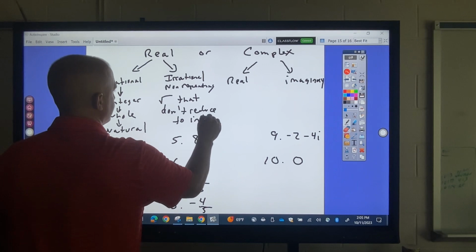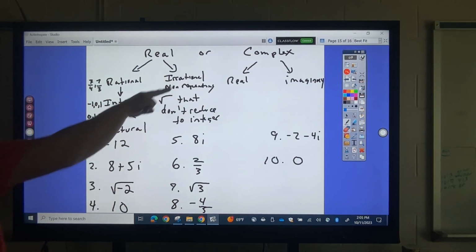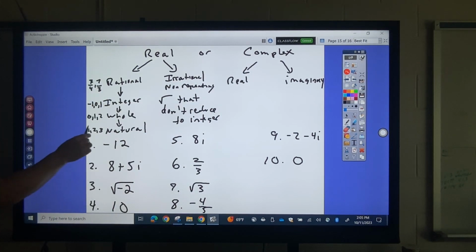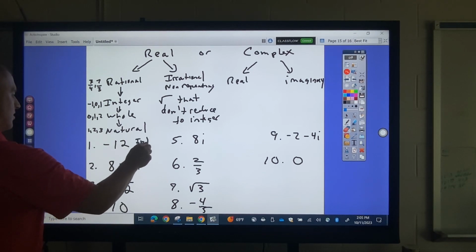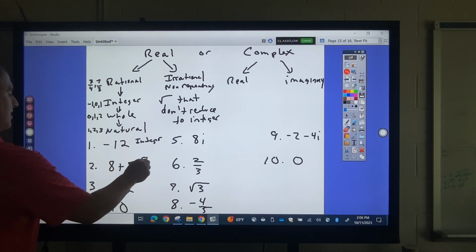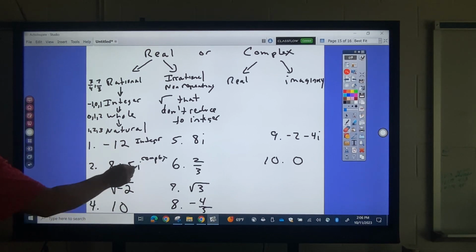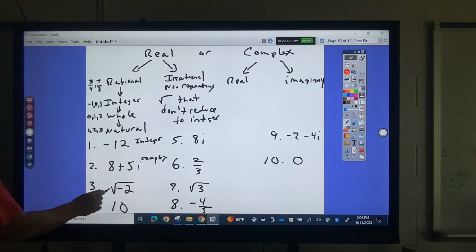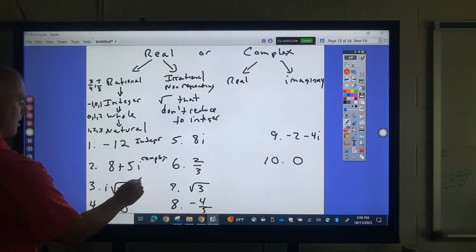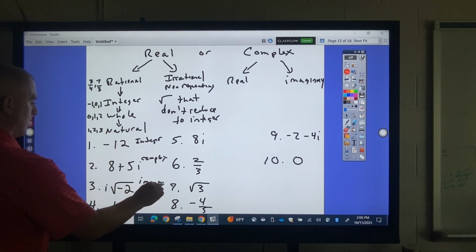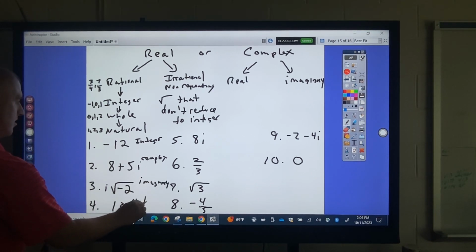If a number has both the real and imaginary, it's considered complex. So this would be an integer. This would be a complex number because it's got a real part and imaginary. This is going to have an i with it, so this is just going to be an imaginary. This will be a natural number.